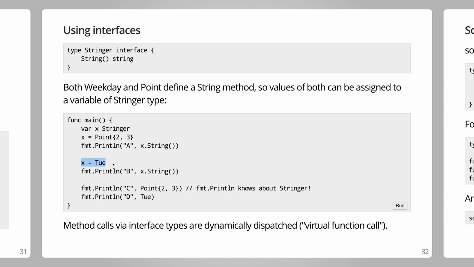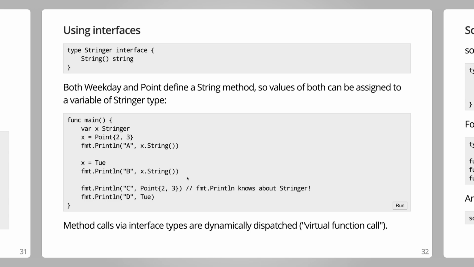And here we're reassigning the same variable x. It's still a Stringer type, but we're assigning it a Weekday, which is another type that I didn't show, that also implements the Stringer interface and allows us to again call the String method on the x variable.